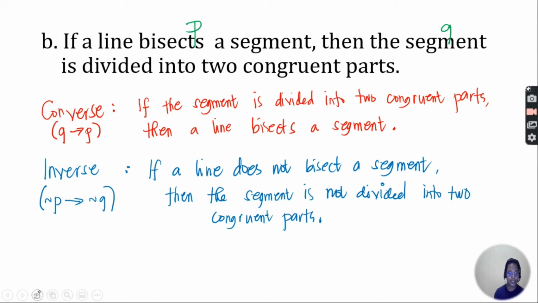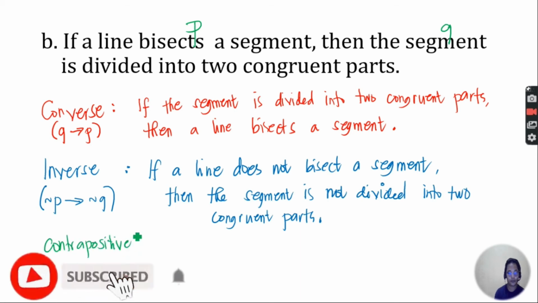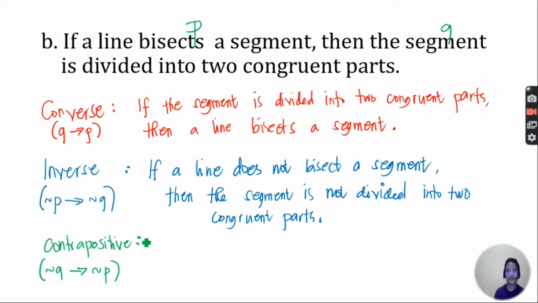How about the contrapositive? So, we have not Q implies not P. So, from the converse po tayo, negate lang po natin.